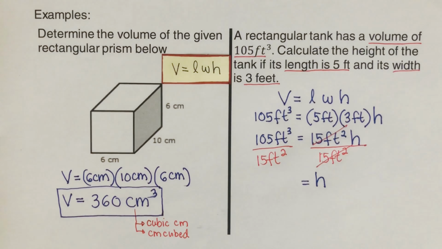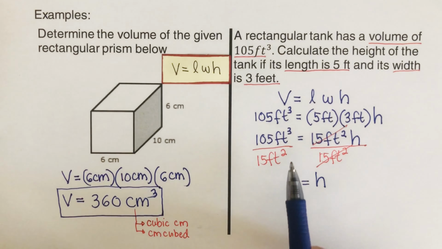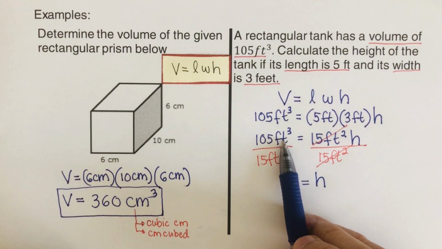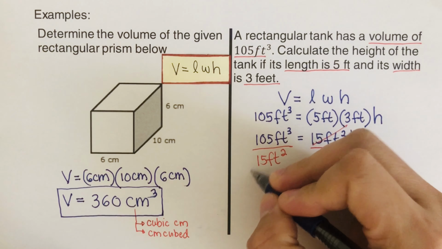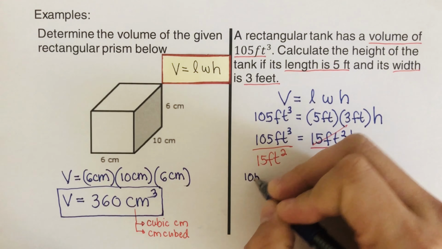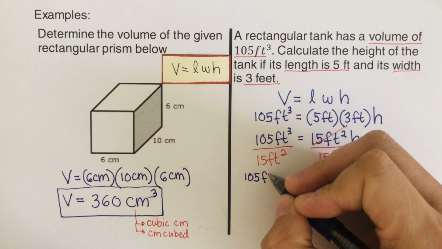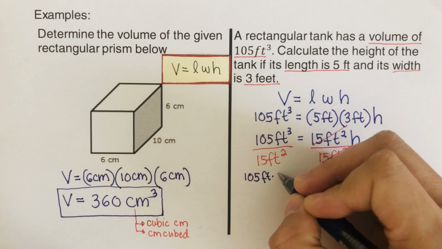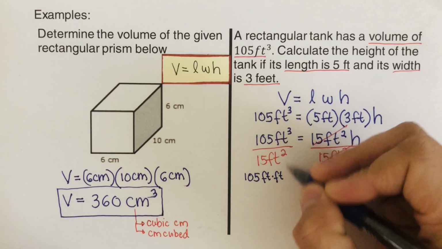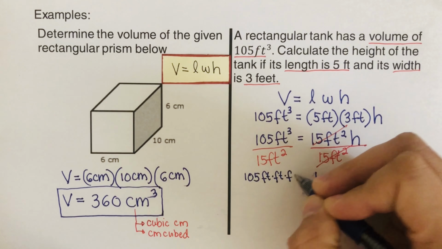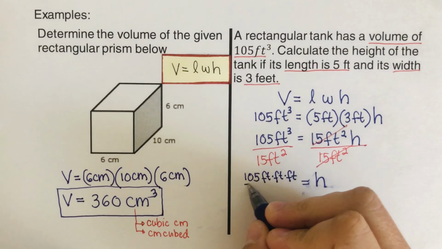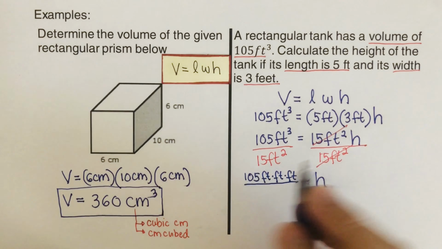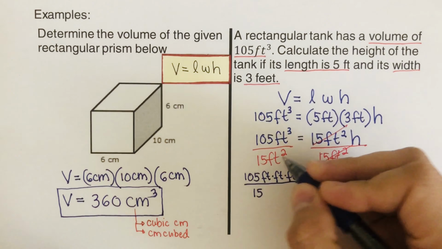Now, to find the unit for height, I'm going to show you how we can derive the unit of height. We remember from the laws of exponents that if we have feet cubed, that means there are 3 of them. So I can write 105, and there are 3 feet here, because that's what feet cubed means, divided by 15, and there are 2 feet here.